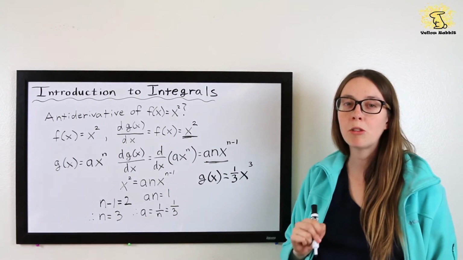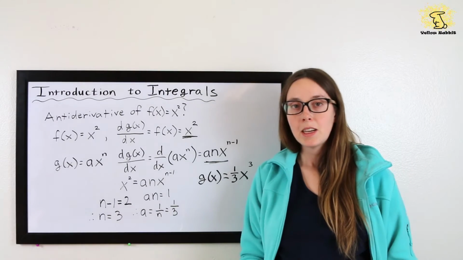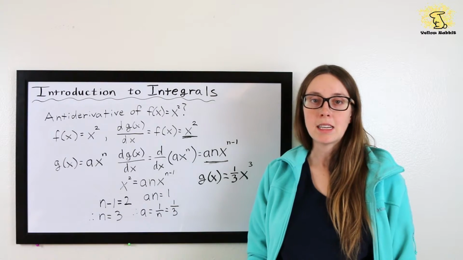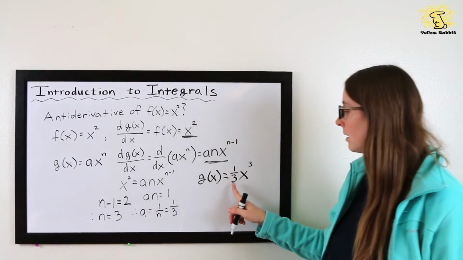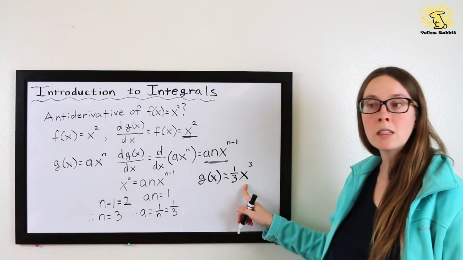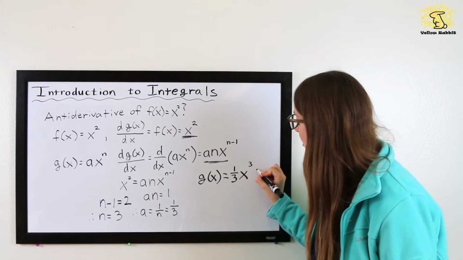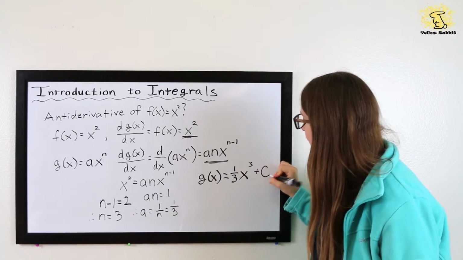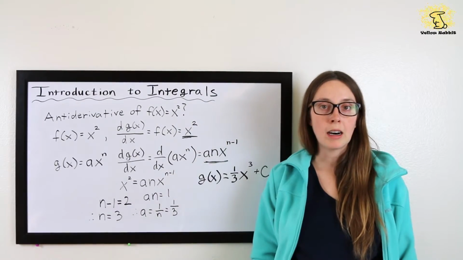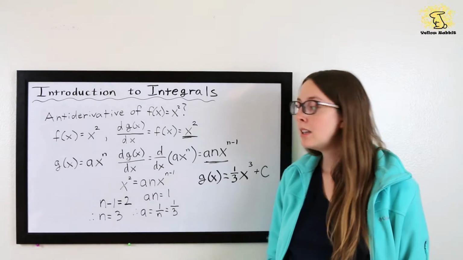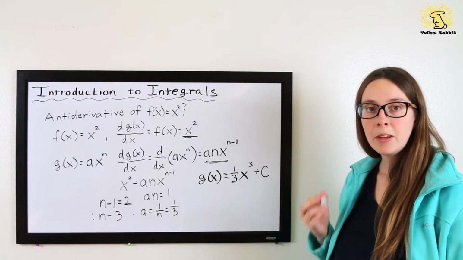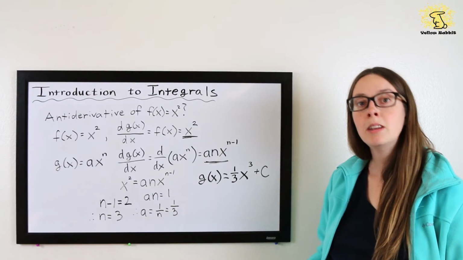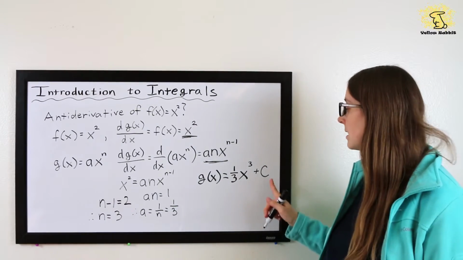But there's one more point to keep in mind. If I take the derivative of a constant, I get 0, right? So I have no way of knowing whether or not this is the full expression, or if it also contains some constant value being added to it. So to be safe, I always include a plus c when I'm solving for the antiderivative to take into account any constants.